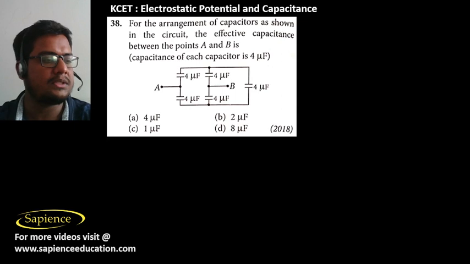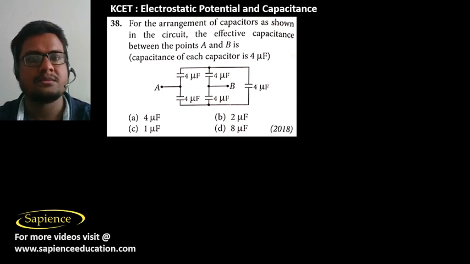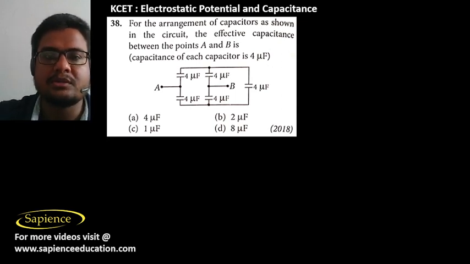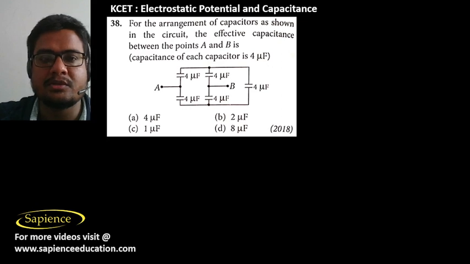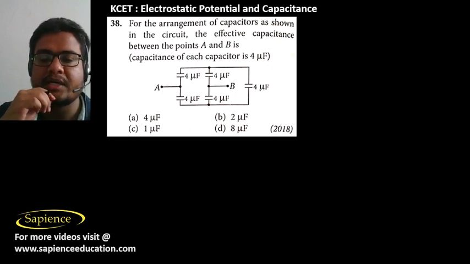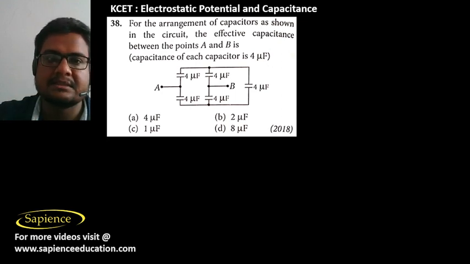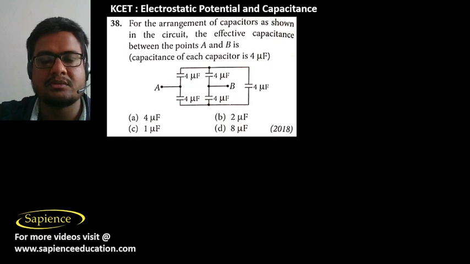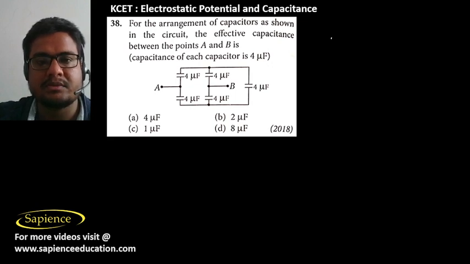Then in question number 38, it is told, for the arrangement of capacitors as shown in the circuit, the effective capacitance in between the points A and B is, capacitance of each capacitor is 4 microfarad. Okay.